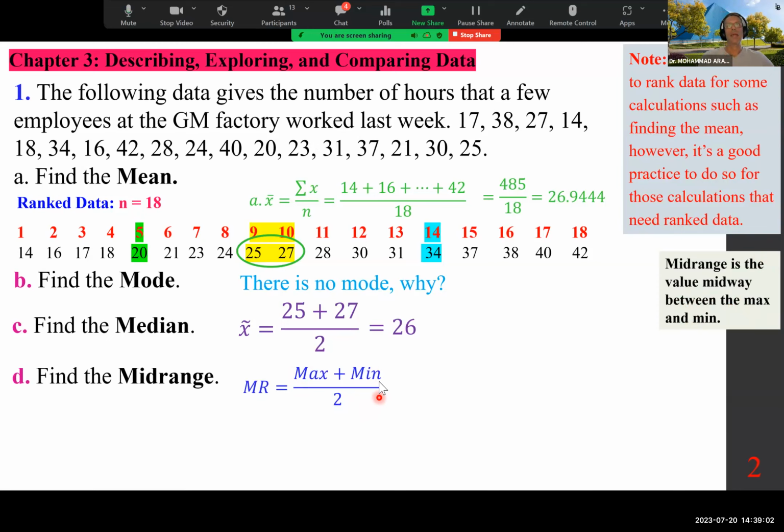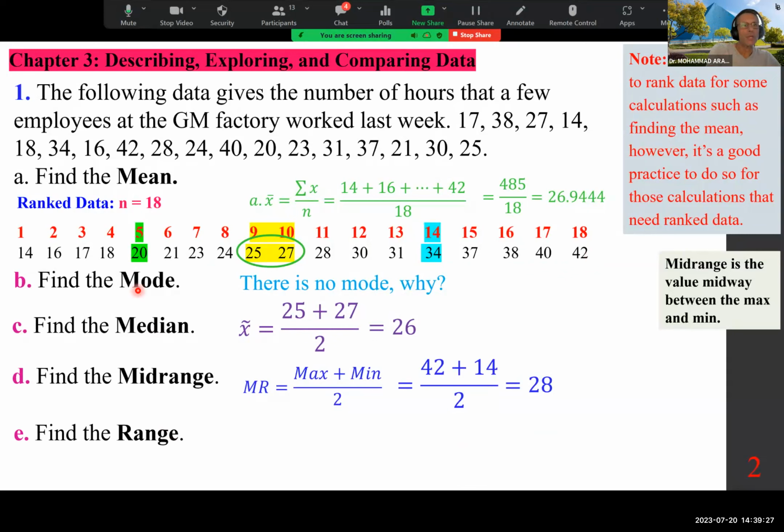So max and min, 42 and 14. This is, for example, a case where if you don't have them in order, you're going to make a mistake if you go with the original one. So you must follow the ranked one, the smallest one, the largest one, add them up, divided by 2. 42 plus 14 divided by 2 is 28.